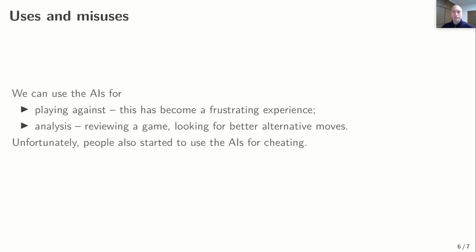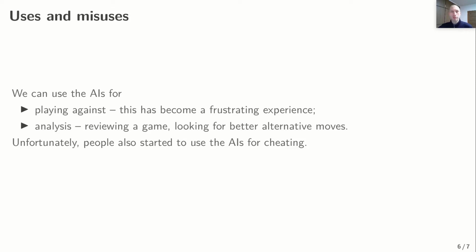We have these Go playing AIs that are superhuman, and they are widely available now. So how can we use them? Well, we could play against them, but since they are superhuman, this is a rather frustrating experience.